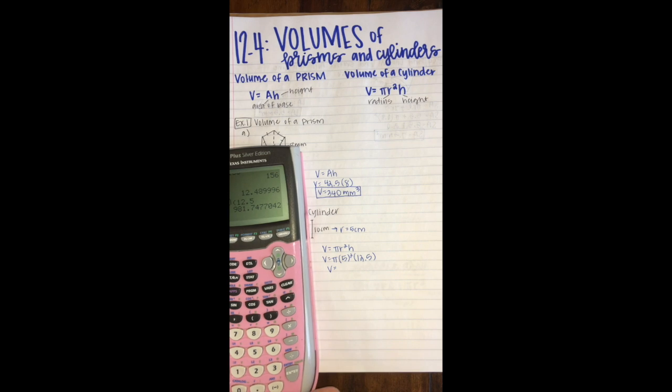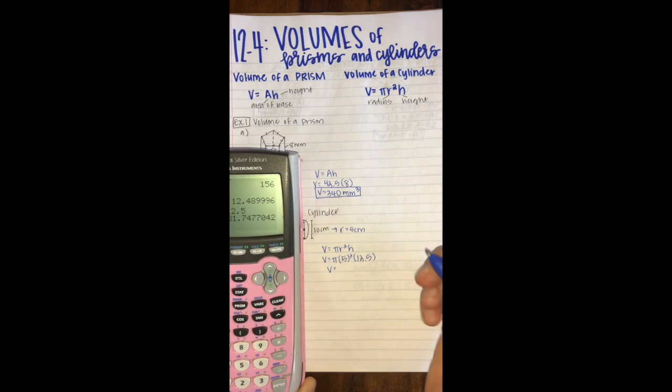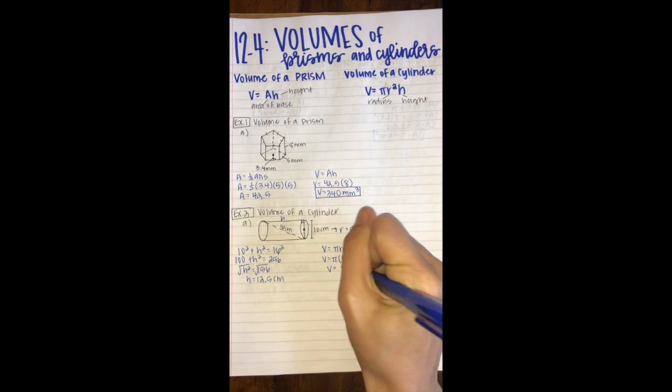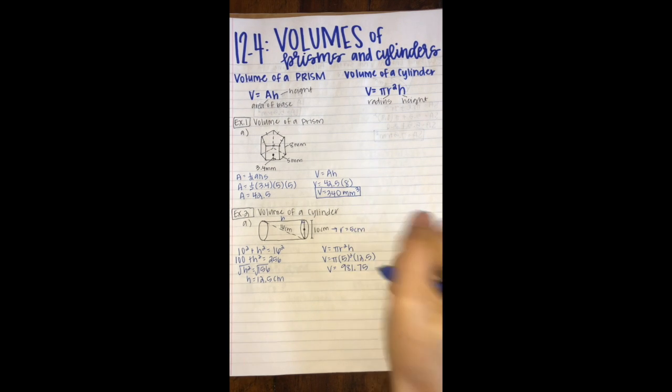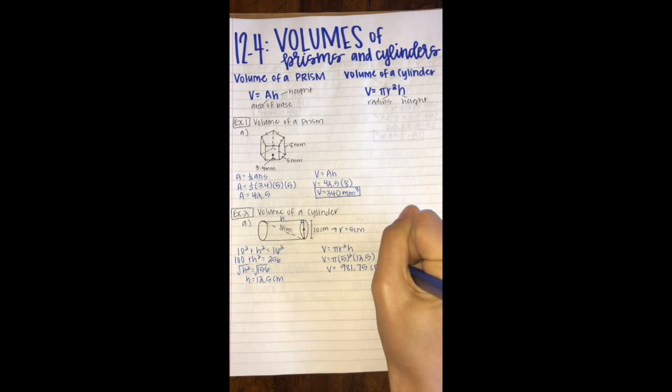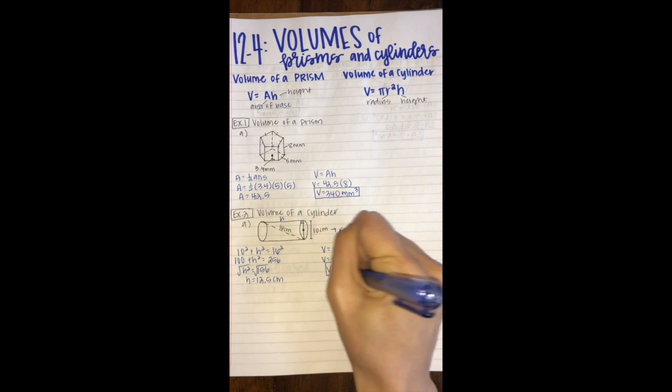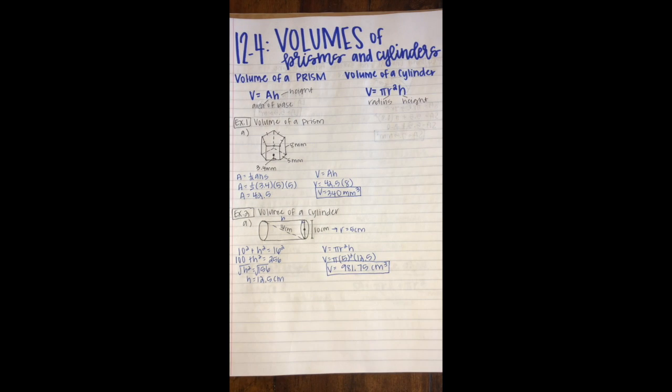And you get 981, let's say .75, because that's nice and easy to round. 981.75. If you want to say 0.7, that would be perfectly fine. It doesn't tell us here specifically. And then units will be centimeters. Again, since it's volume, now we are cubing our units. So the volume of this cylinder will be 981.75 centimeters cubed.